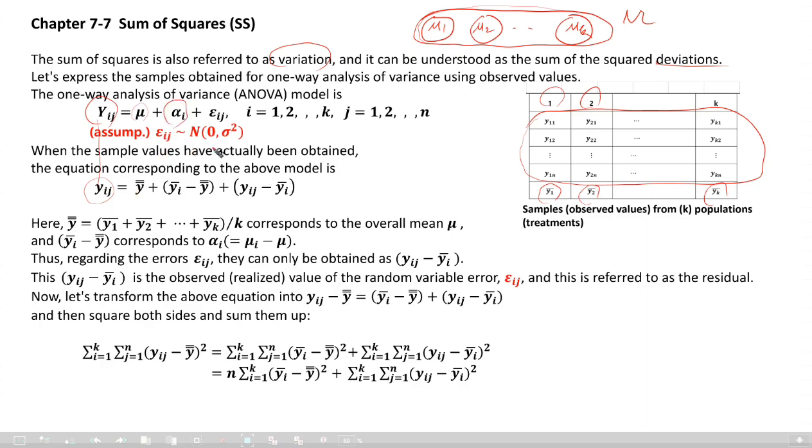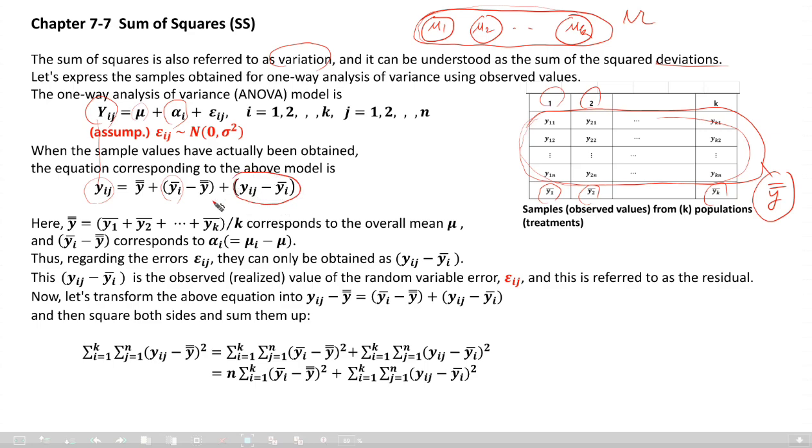Alpha i is the ith treatment effect, so for the ith samples it is yi bar minus y double bar. Here y double bar is the mean of all the samples. Plus, here, yij minus yi bar.